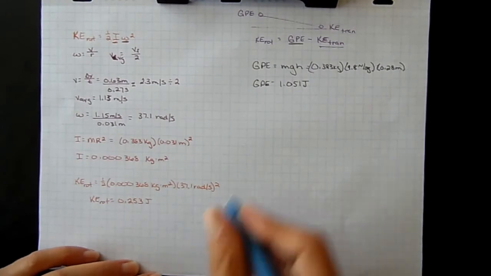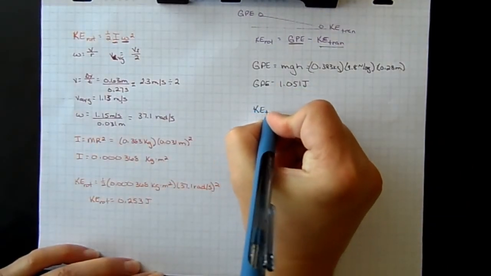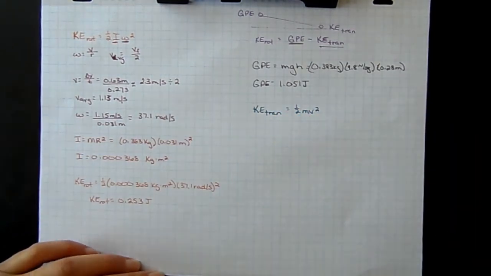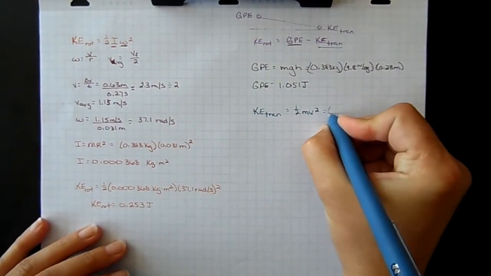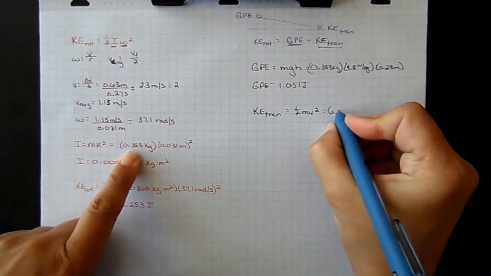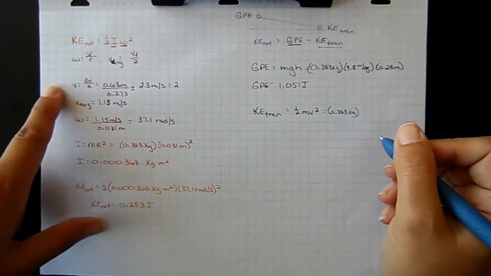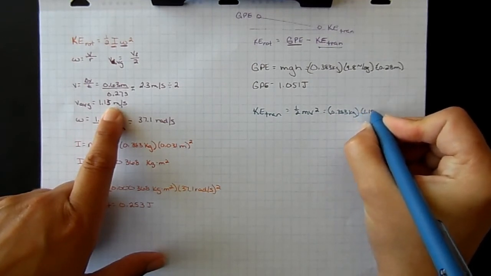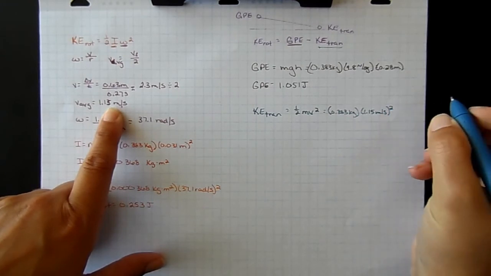Our translational kinetic energy is 1/2 mv squared. So we are going to plug in our mass, 0.383 kilograms, and we want to use our average velocity, so 1.15 meters per second, squared.